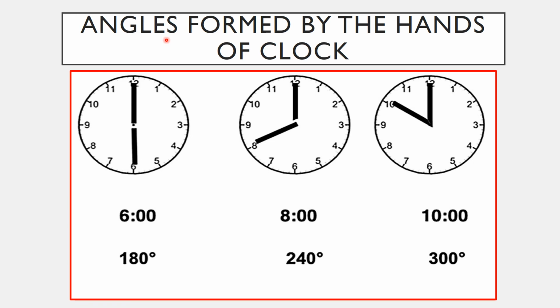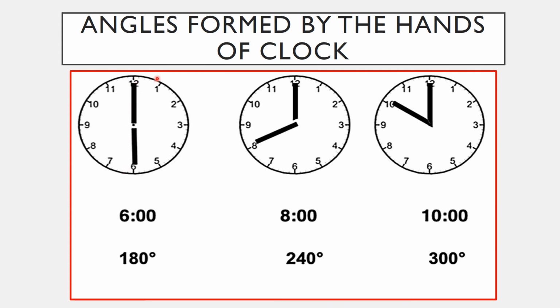Let us see the different measurement of angles formed by the hands of the clock. Now here you can see the minute hand is at 12 and the hour hand is at 6. So the time is 6 o'clock. What is the angle formed? The angle formed is 180 degree. That is a straight angle. How can you measure?